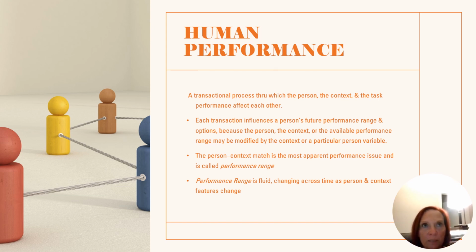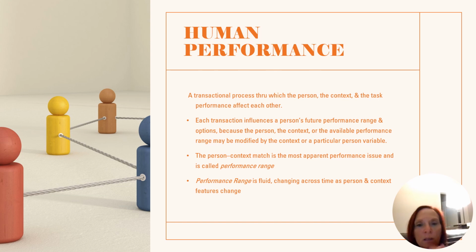And the things that limit the person from doing their task or their occupations is the person themselves or the environment. And the way to fix it is to fit the environment to the person. So that's how they're looking at this model, is by fitting the environment to the person's performance range, thereby increasing their performance range. Okay.